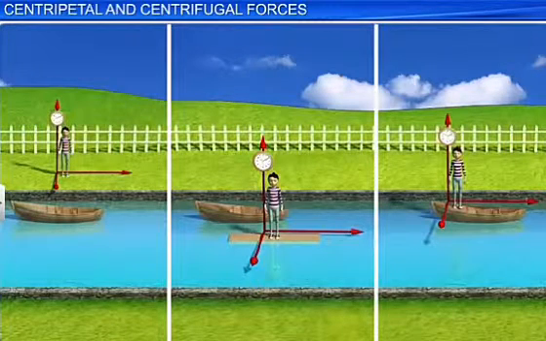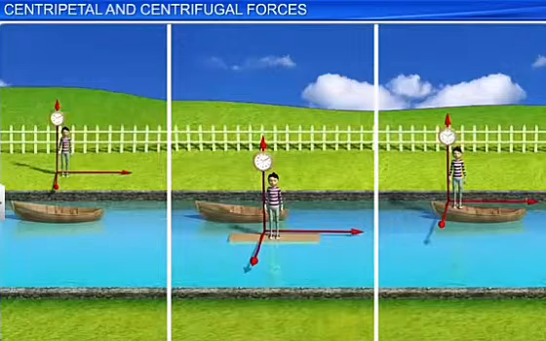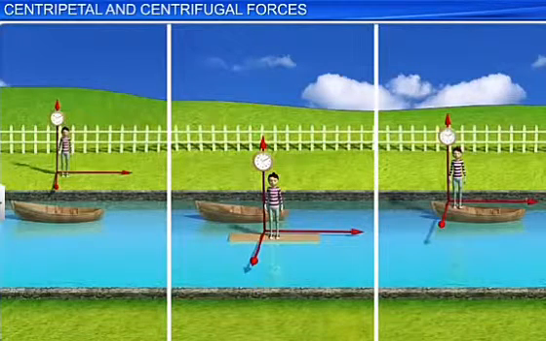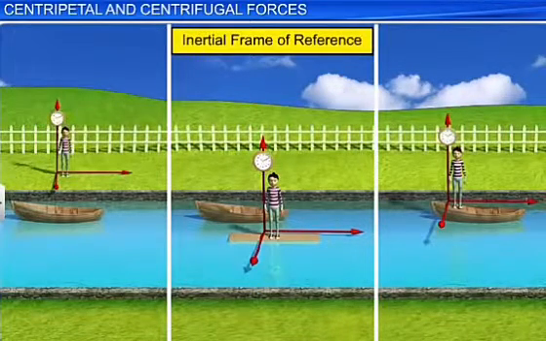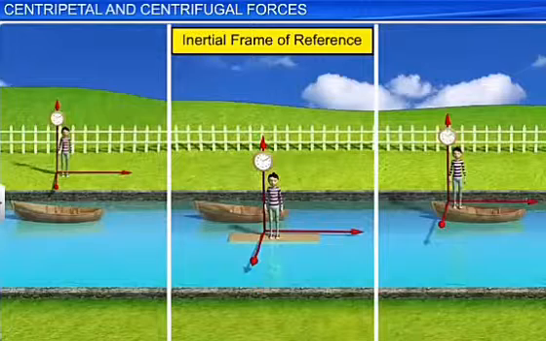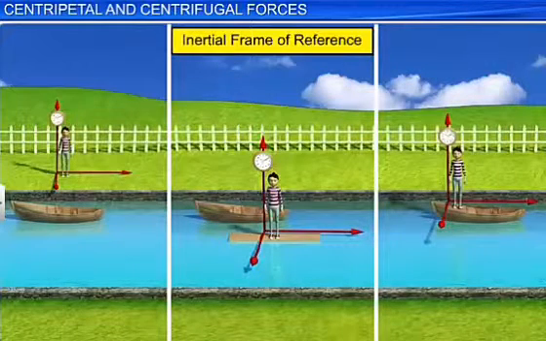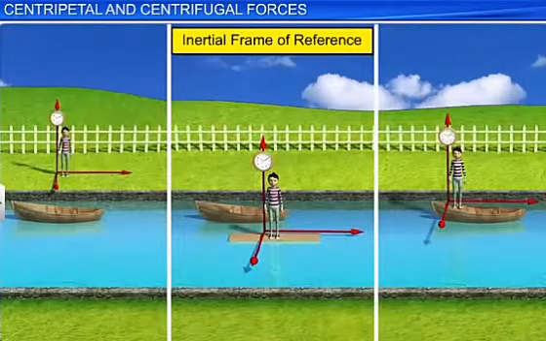A frame of reference that is at rest or moving with uniform velocity is called an inertial frame of reference. It is very important to note that Newton's laws of motion are valid only in an inertial frame of reference.